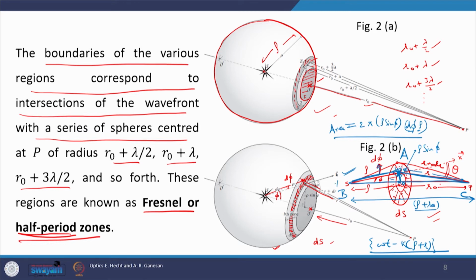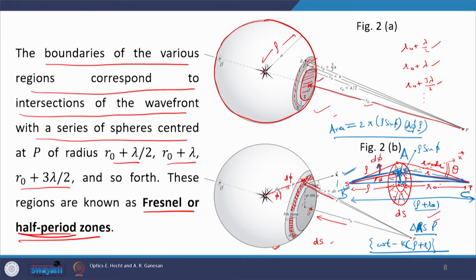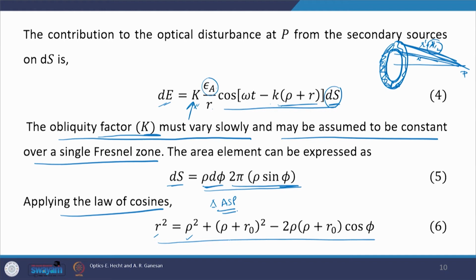Say this is point A, here it is point S and here it is point P. Now, from triangle ASP, using very basic trigonometry you can write equation number 6, where r square, which is this AP distance, this is point A, AP is r. Then in this triangle r square would be rho square. I read right here.